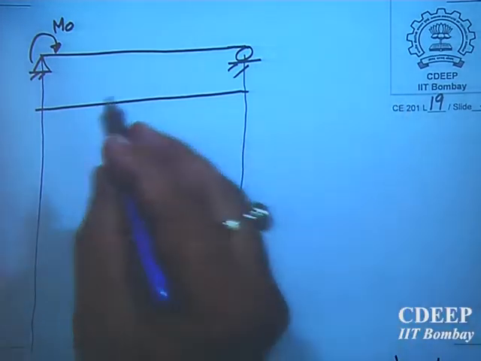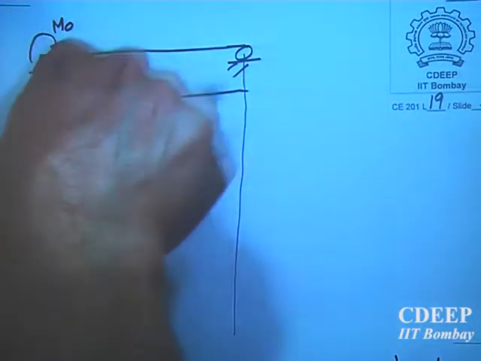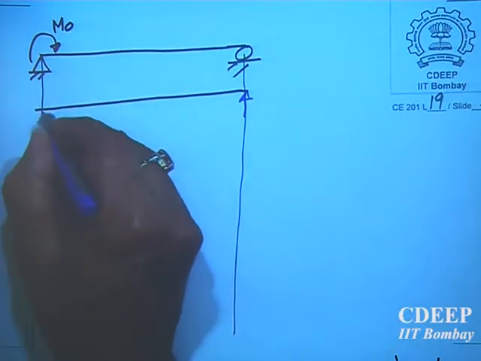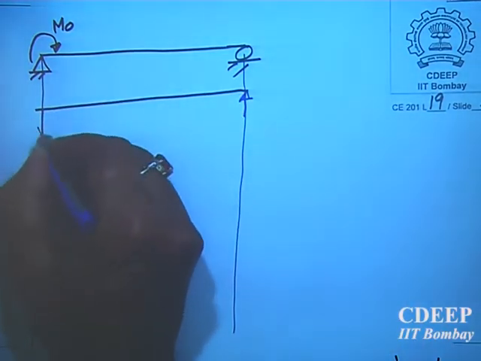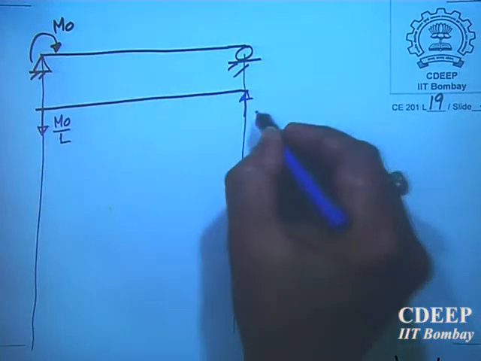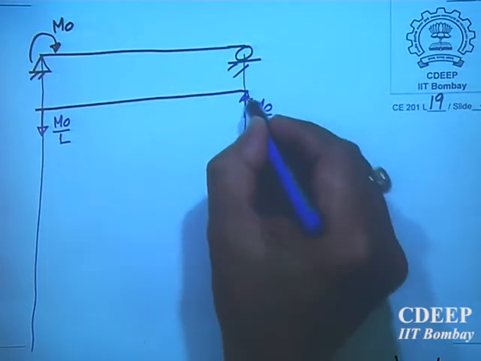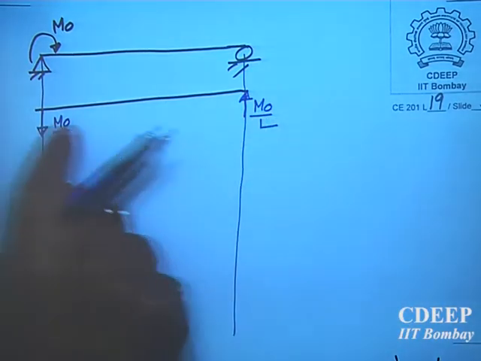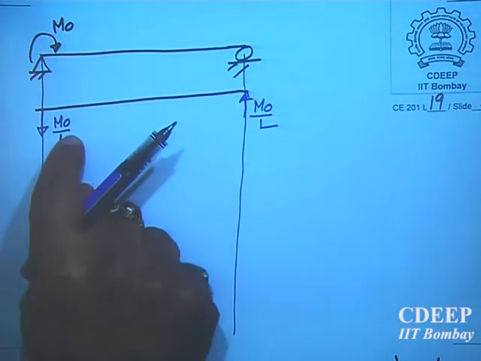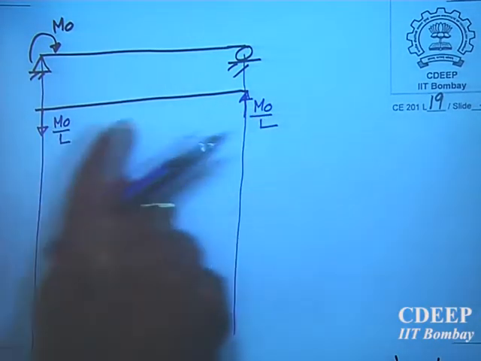So reactions, let us say that this is going like this, so it has to be this is a reaction, so that this one will be opposing. This forms a couple here, m naught divided by L into L will give you m naught only.